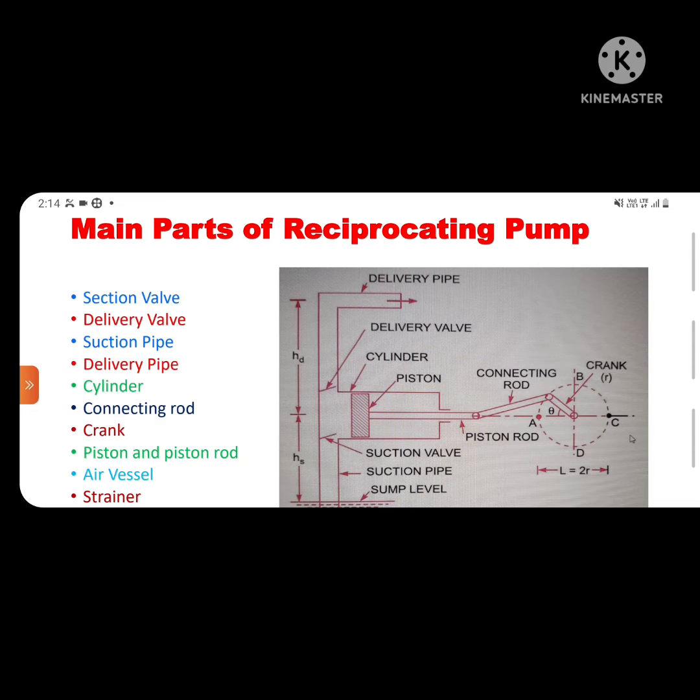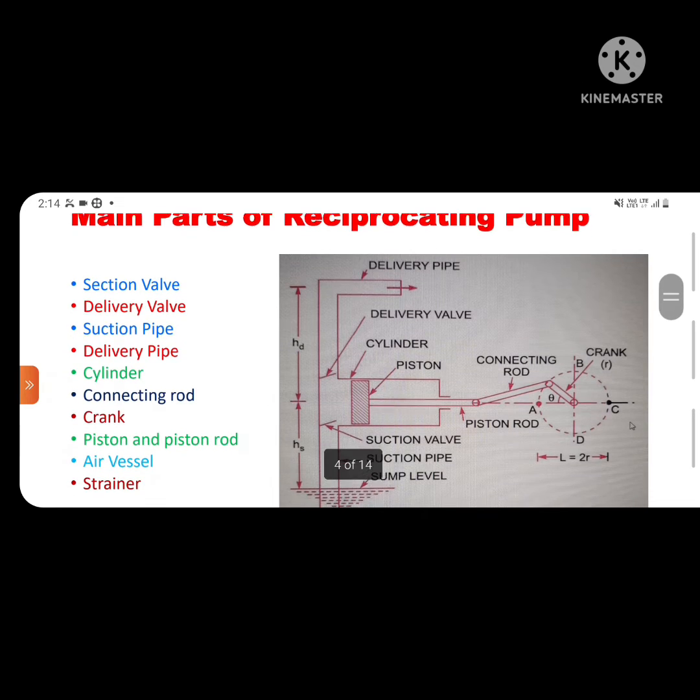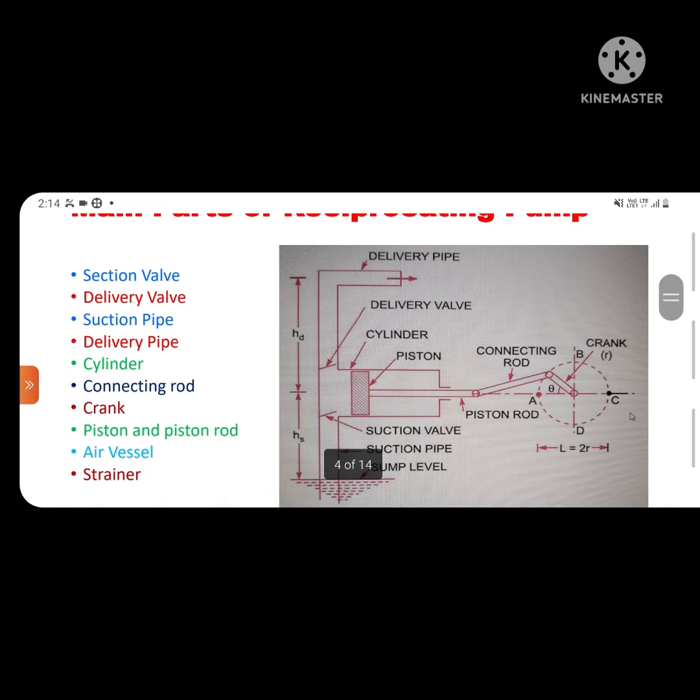This is a schematic diagram of a reciprocating pump. The piston which is fitted inside the cylinder is connected by the connecting rod, and the connecting rod is connected to the crank.